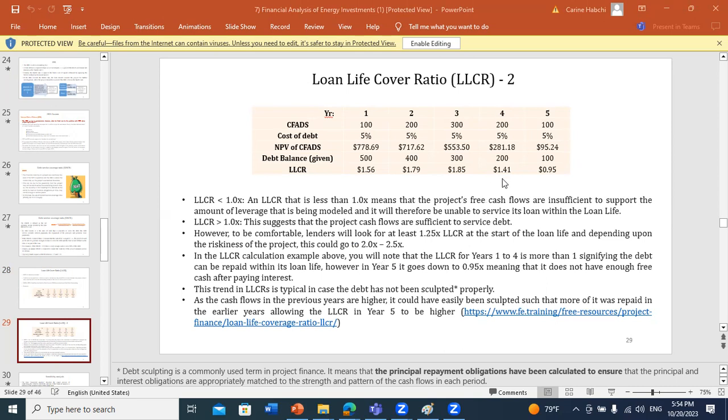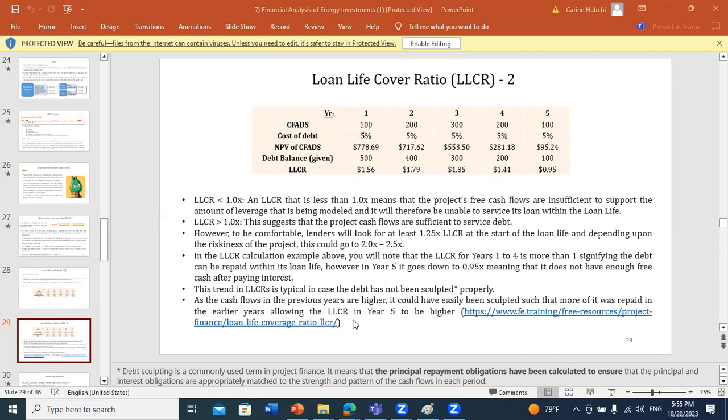So if we take the example above, from year 1 to 4, the ratio was acceptable, but in year 5, you were not able to pay back your debt. This means that you don't have enough money to pay the interest after 5 years. So this suggests that you make your payments during the first 4 years instead of waiting until year 5.